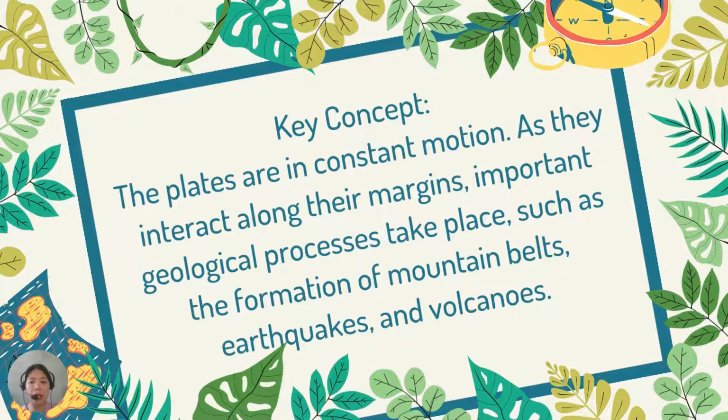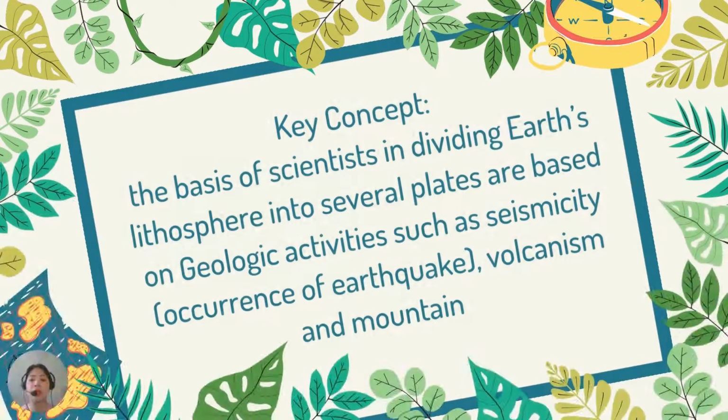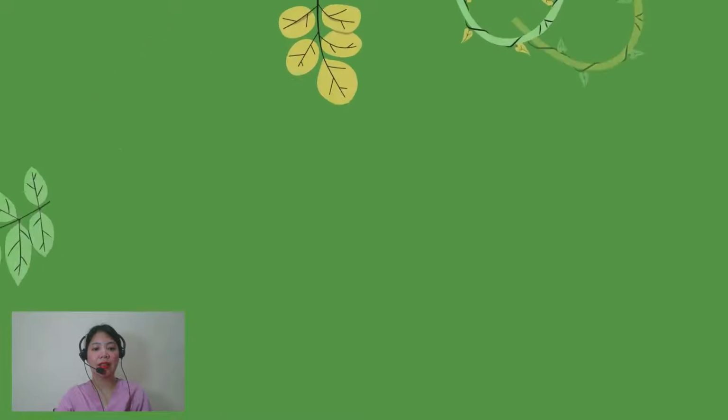So important geological processes take place, such as the formation of mountain belts, earthquakes, and volcanoes. This is also the basis of scientists in dividing the Earth's lithosphere into several plates. Their bases are the geologic activities such as seismicity, occurrence of earthquakes, volcanism, and mountain ranges.